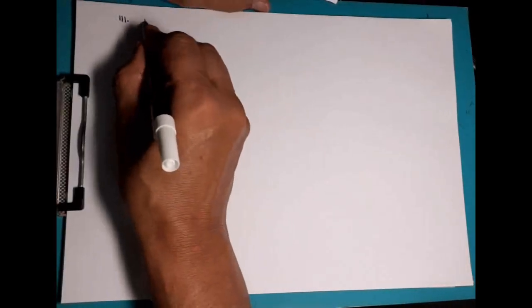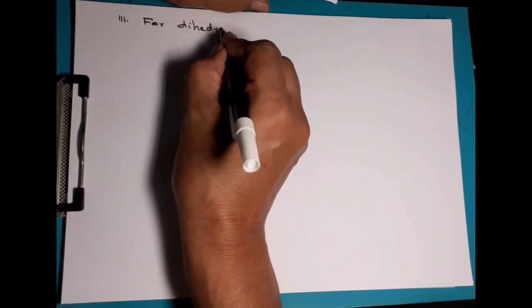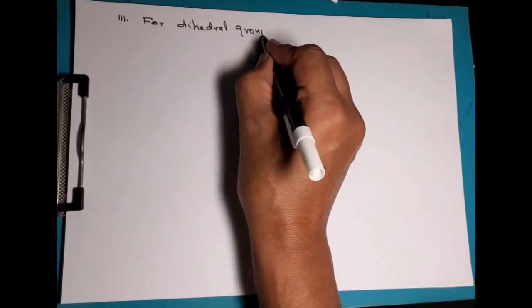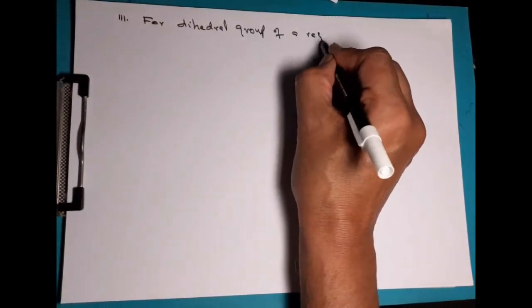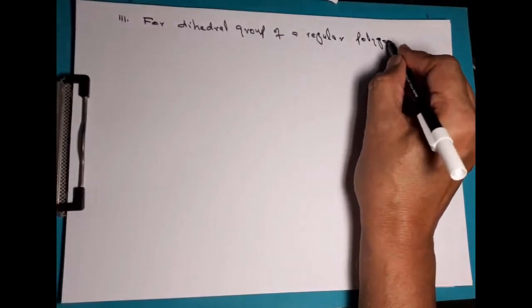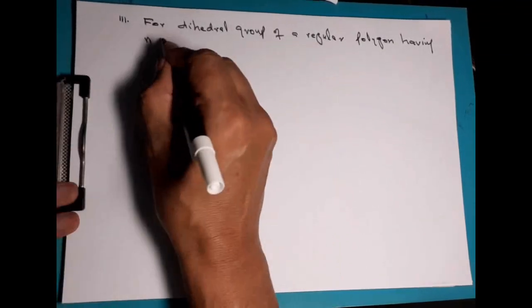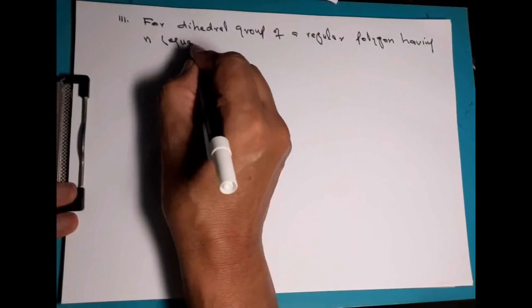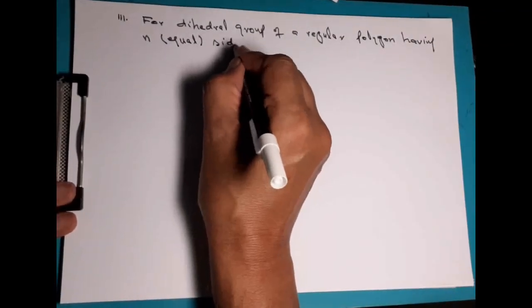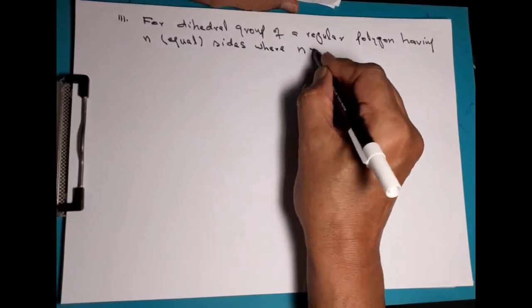So for the dihedral group of a regular polygon having n equal sides, in fact sides of equal length, we must note that n is greater than or equal to 3.